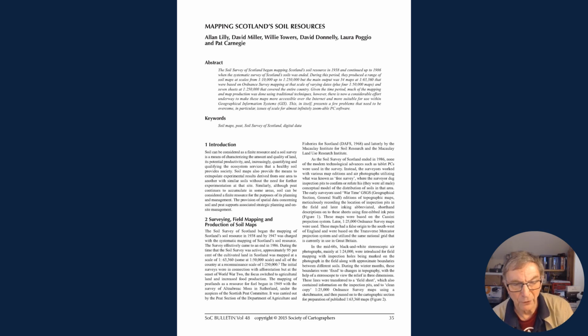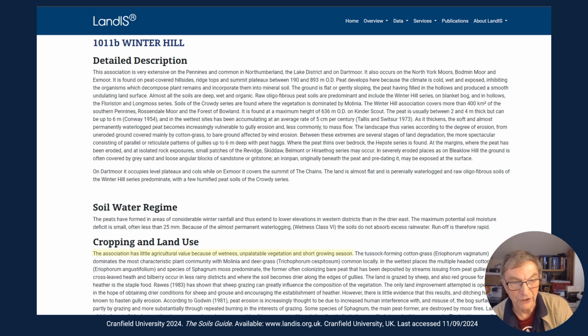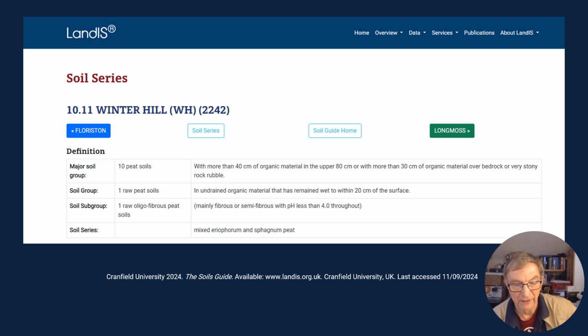The post-war focus on soils in England and Wales was directed more to agricultural potential than suitability for peat extraction. The result was that the Soil Survey of England and Wales in effect used the plough as the yardstick, setting the definition of peat as 40 centimetres or more, as we can see in the present Land IS definitions for peat soil types, because this reflected typical ploughing depths.